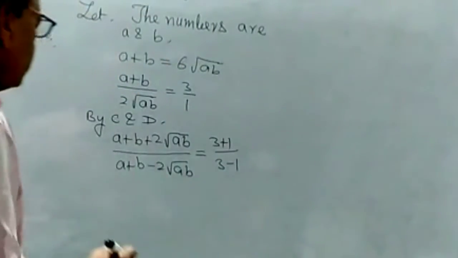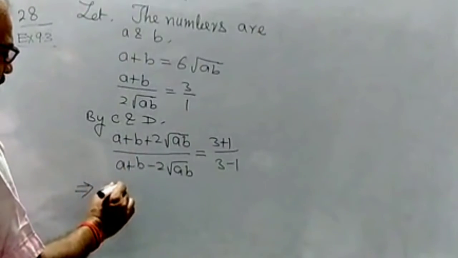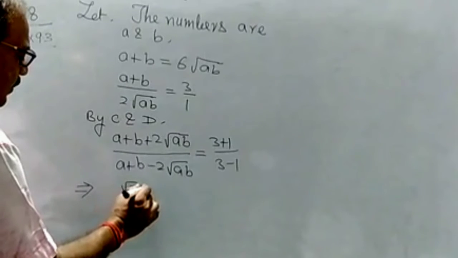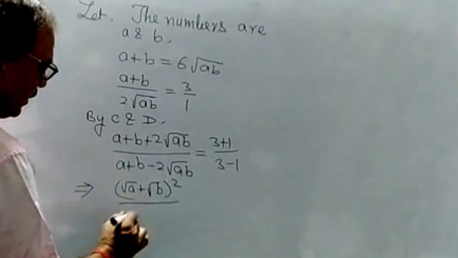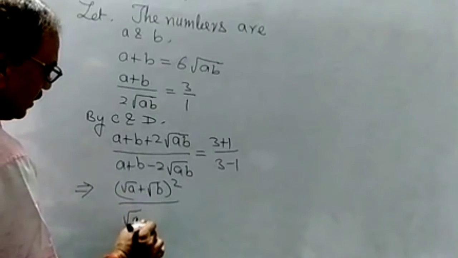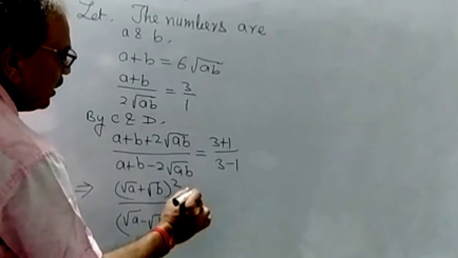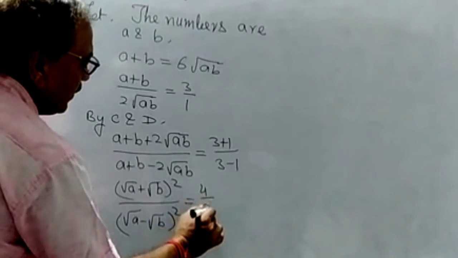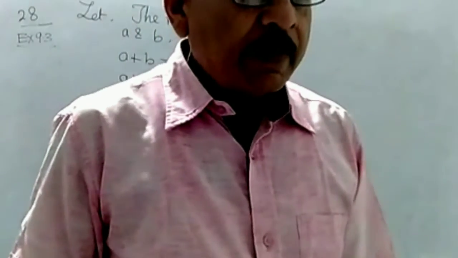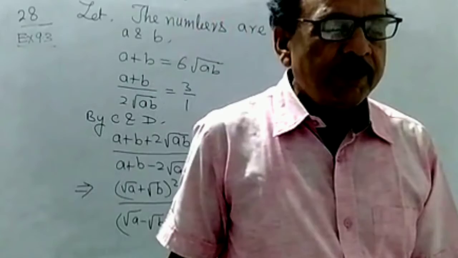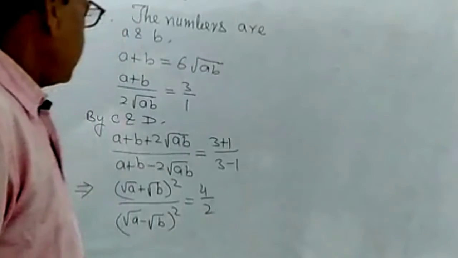So this implies that (root a plus root b) whole square upon (root a minus root b) whole square equal to 4 upon 2.